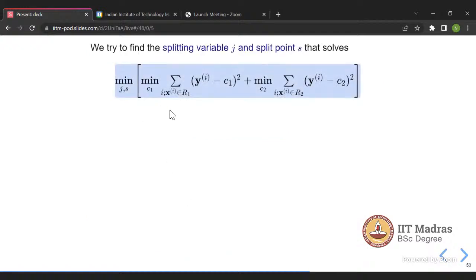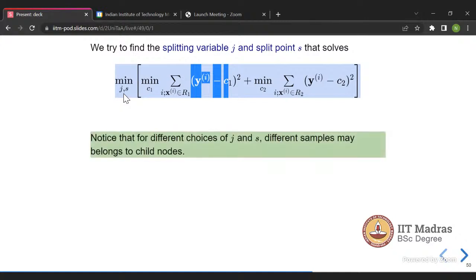So for that, we will minimize the sum of squared error in both the nodes. This term is the loss or error in the right node, and this is the loss in the left node, right? We will minimize this error over j and s. We will try all possible j's and all possible s.